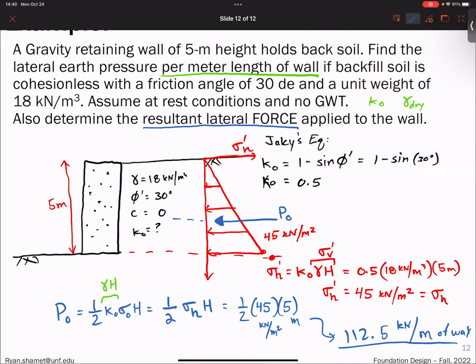So this equation, I've shown it in a couple different ways. The easiest way to remember it is that it's just the area of the triangle, right? So if this is our horizontal earth pressure, then base times the height divided by 2. But then how to actually get this value down here can be shown in other ways.